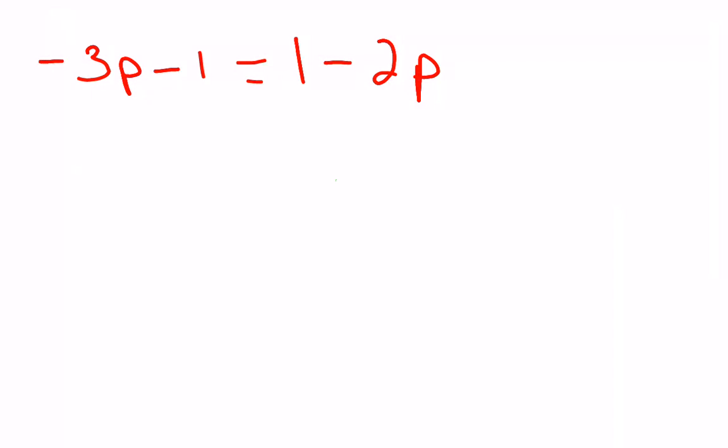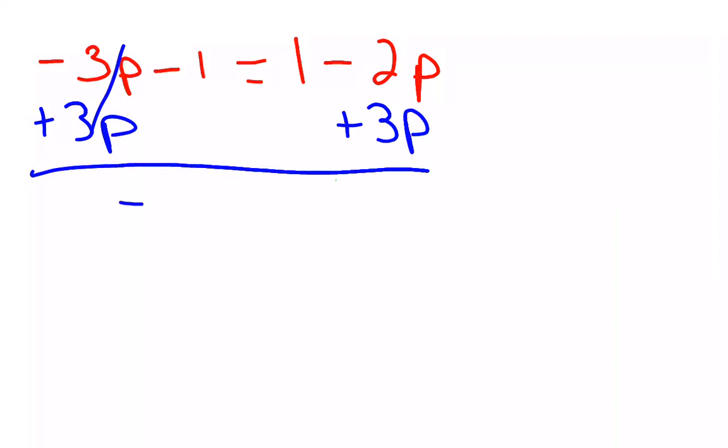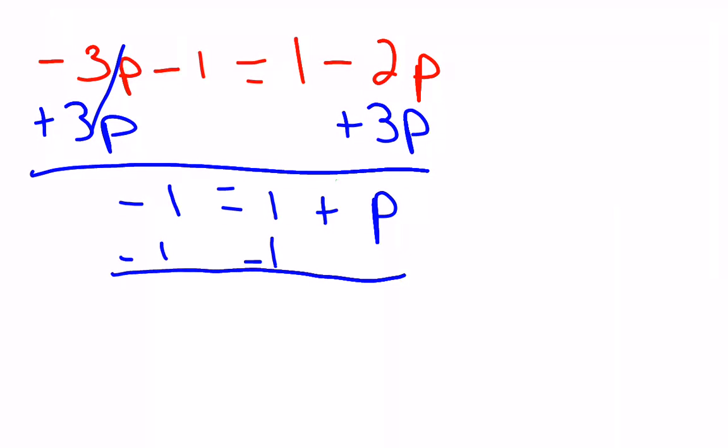So our next step is to get p's on one side and numbers on the other. So I'm going to add 3p to both sides. So we have negative 1 equals 1. Negative 2p plus 3p is positive 1p. And then we're going to subtract 1 from both sides. And we get p equals negative 2.